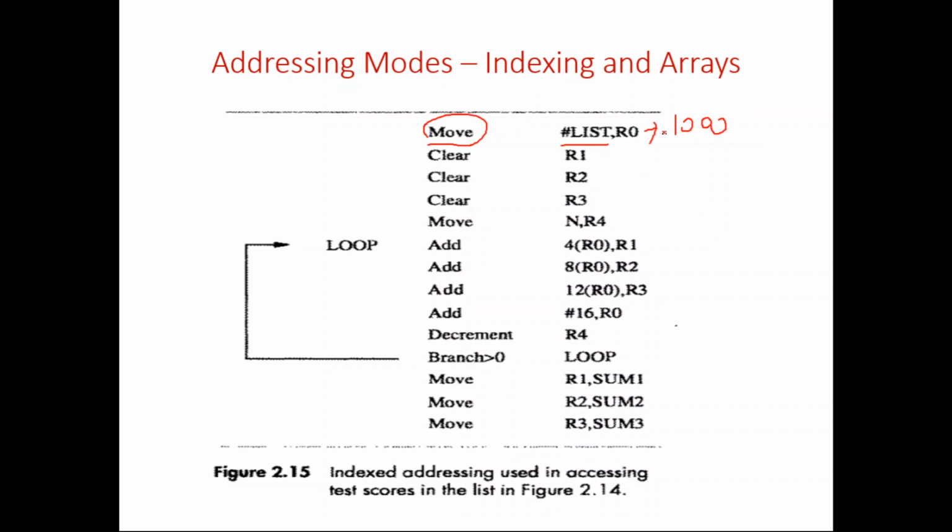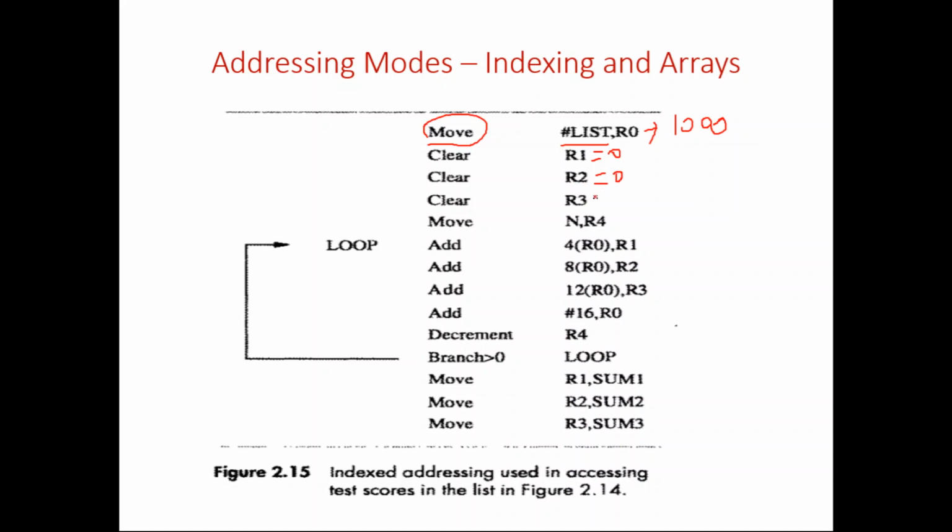Then we clear R1, clear R2, clear R3, because we want to make three sums: the sum of all test 1, the sum of all test 2, and the sum of all test 3. The sum of all test 1 we are going to keep in R1, so R1 is cleared to 0. The sum of test 2 we want to keep in R2, so this is also cleared to 0.